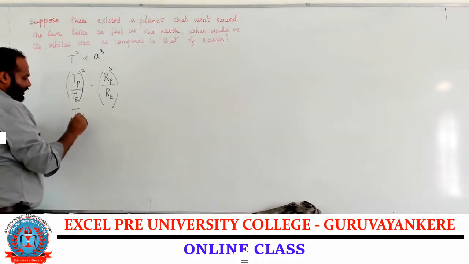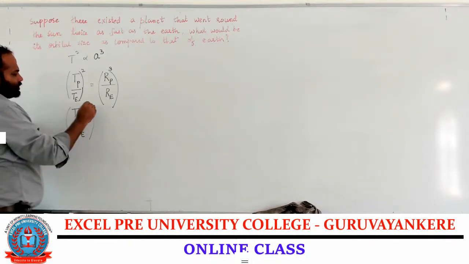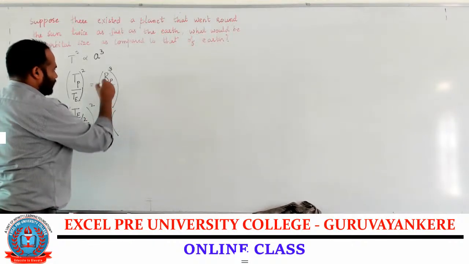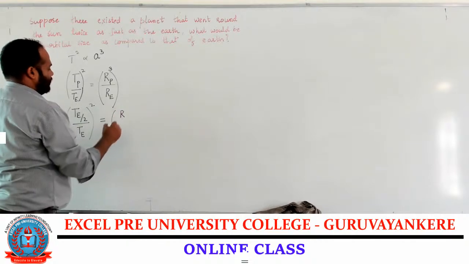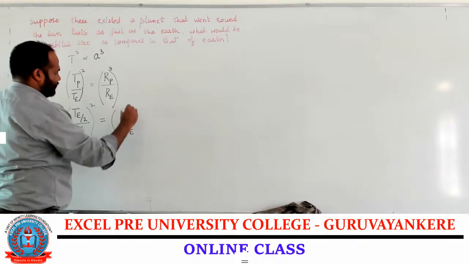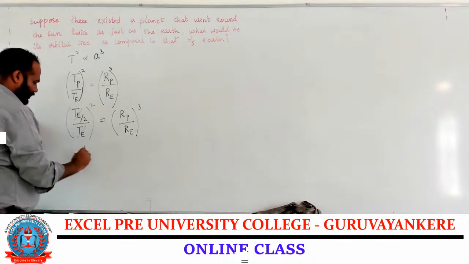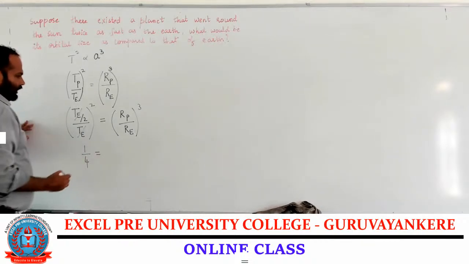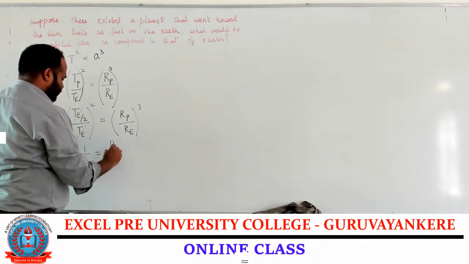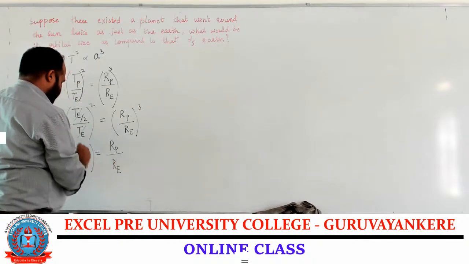Compared to that of the earth, time period should be half. So that is T by 2 divided by T, equals radius of the planet, to be found, by radius of the earth cubed. So T cancels. This is 1 by 4 equal to radius of the planet compared to that of radius of the earth.